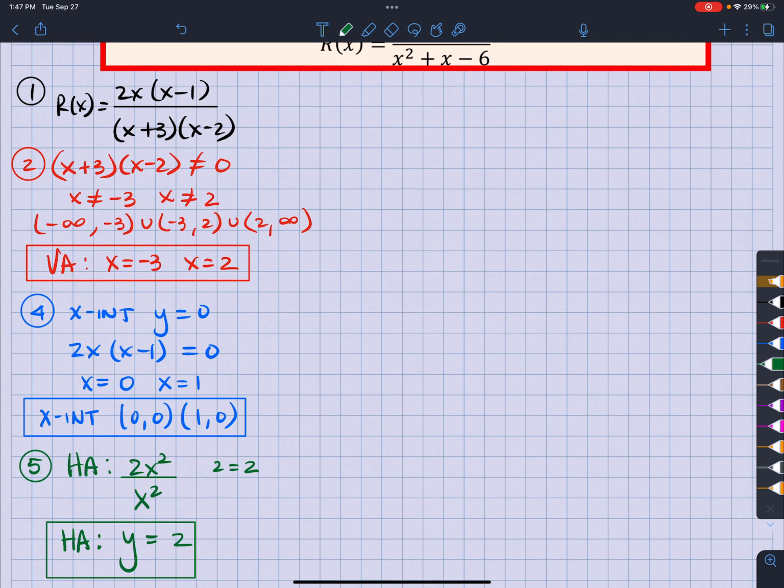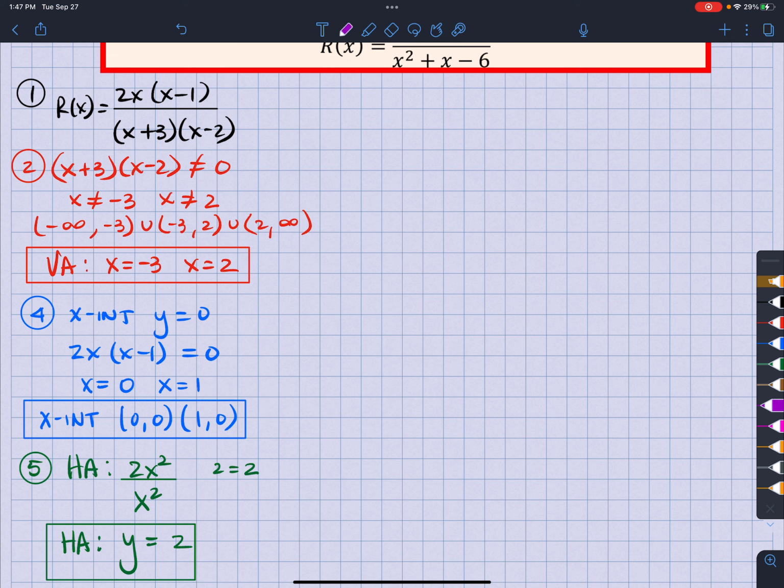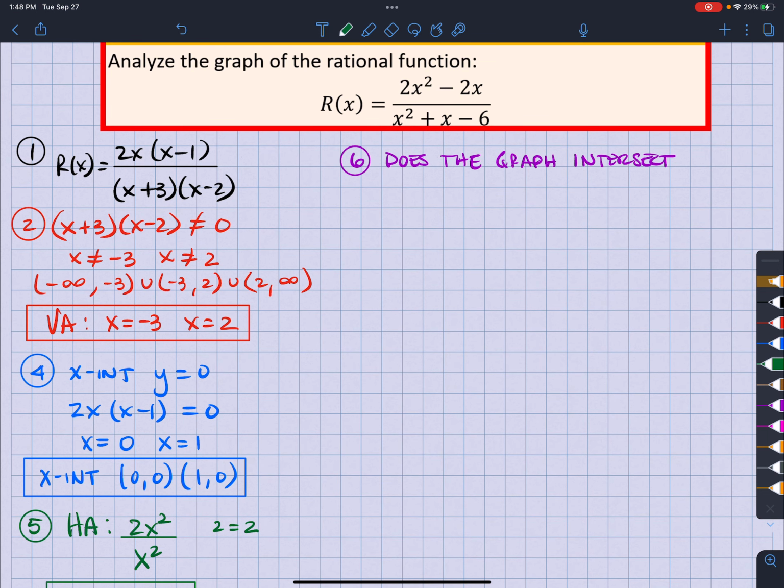So the next question is, does the graph intersect the horizontal asymptote?